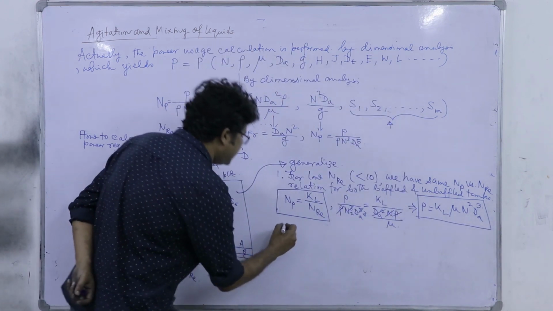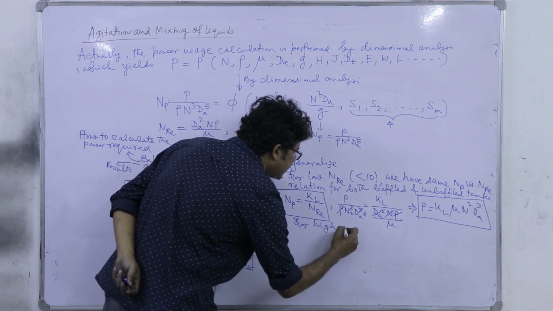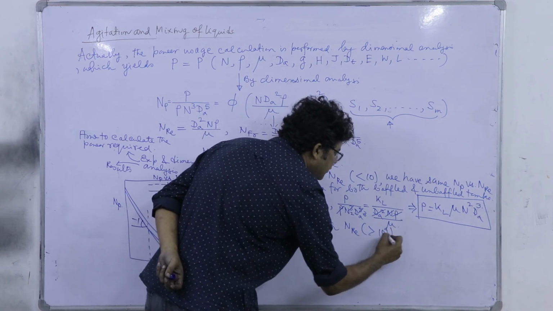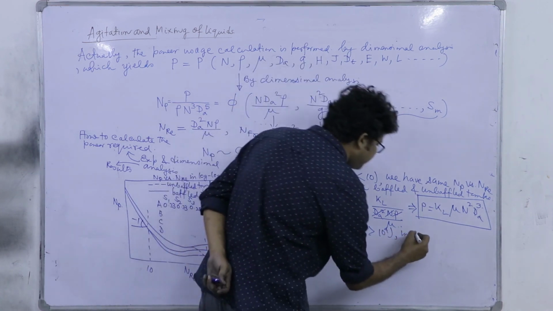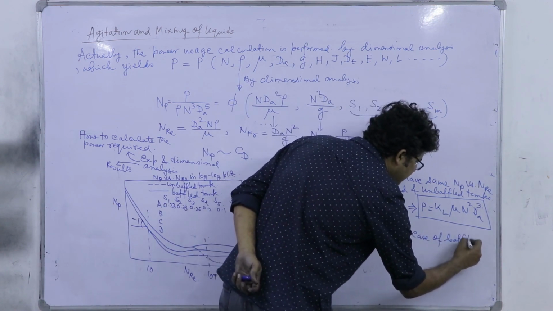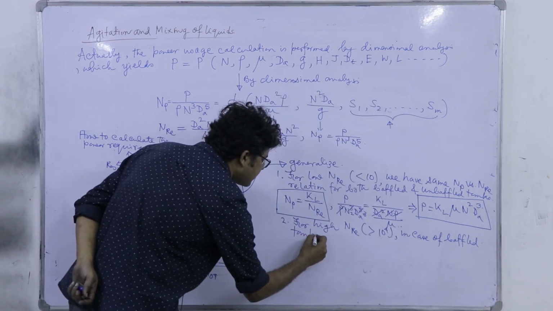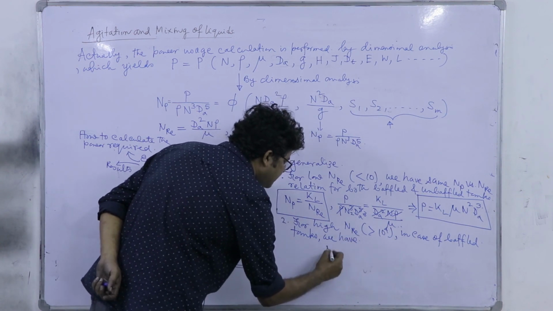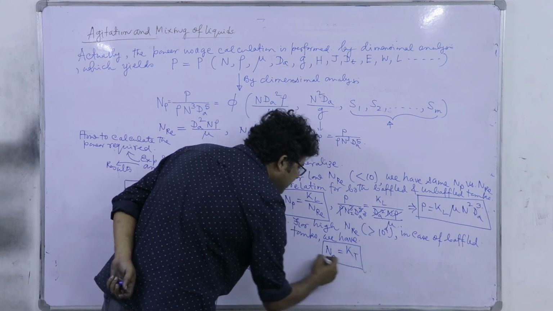Now, on the other hand, for high NRE greater than 10 to the power 4, for unbaffled tanks it's different, but in case of baffled tanks, which we use mostly, NP is constant, independent of NRE.